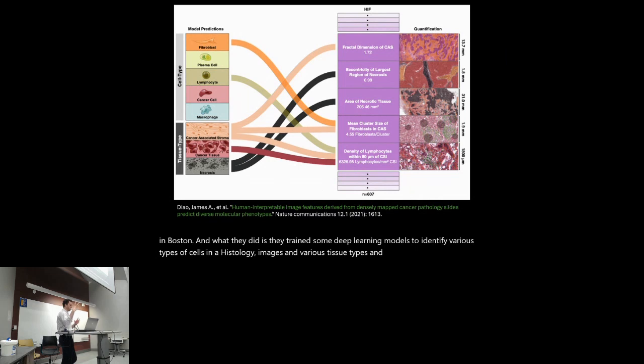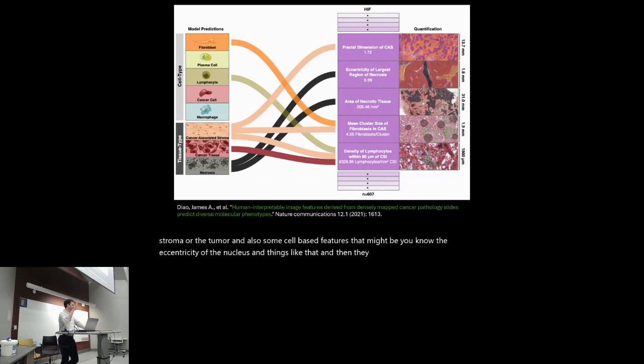Once they had those cells and tissue types segmented via some deep learning methods that we won't talk about, they extracted these human interpretable features. That might be the fractal dimension of the cancer-associated stroma, the eccentricity of the largest region of necrosis, et cetera, including some human interpretable features based on the tissue regions, like the stroma or the tumor, and also some cell-based features, like the eccentricity of the nucleus and things like that.